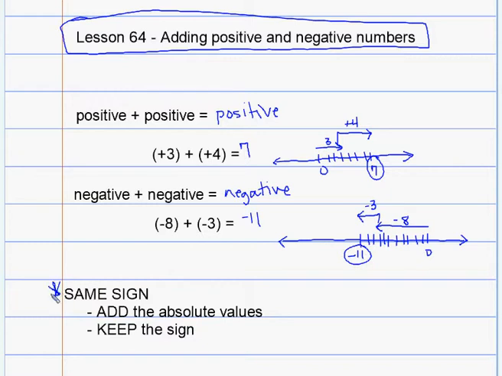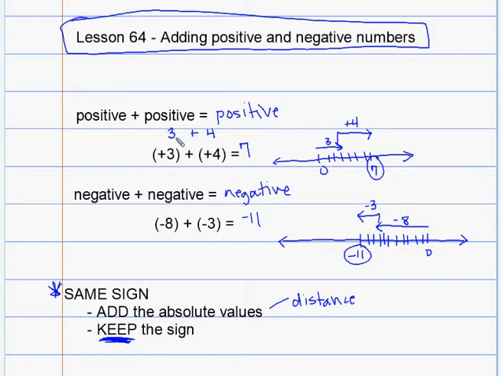So the rule for addition is if you have the same sign, you add the absolute values. Remember, that is the distance from 0. So we took 3 and 4, and when we added those together we got 7. The second piece that you need to know is that you keep the sign.